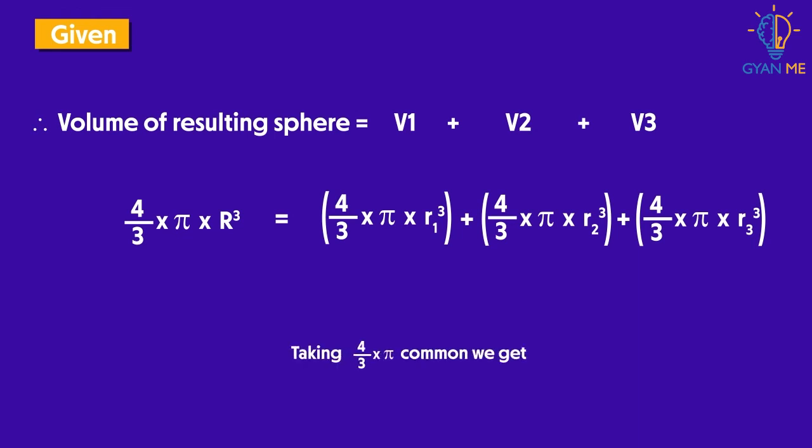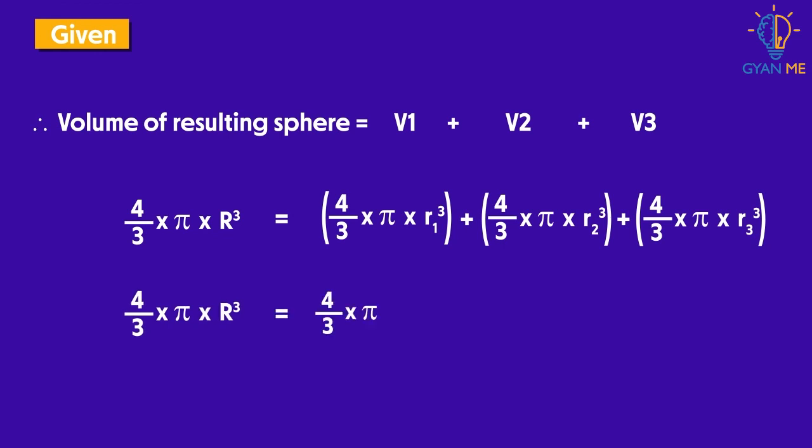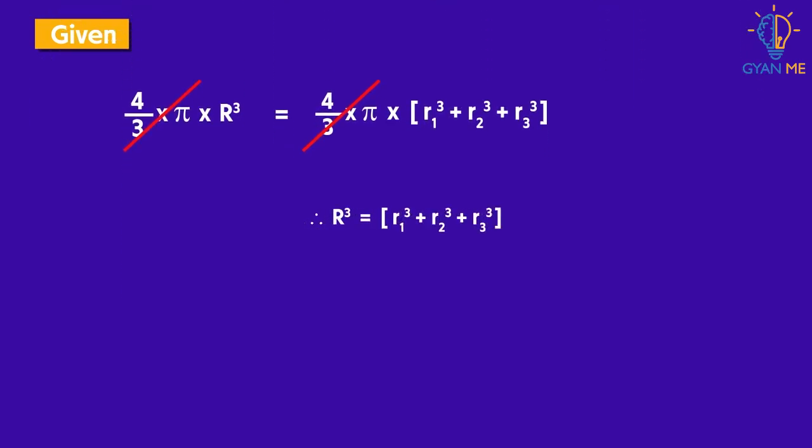Now, taking 4 upon 3 into pi common, we get 4 upon 3 into pi into R cube is equal to 4 upon 3 into pi into (r1 cube plus r2 cube plus r3 cube). Therefore, R cube is equal to r1 cube plus r2 cube plus r3 cube.